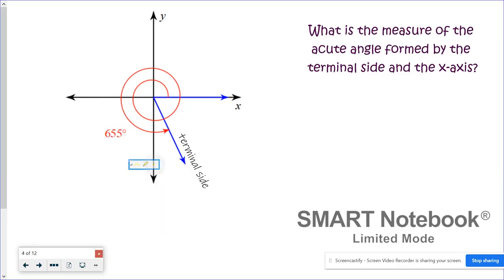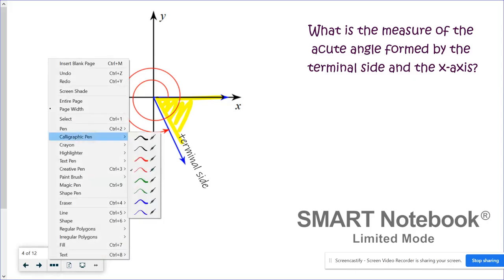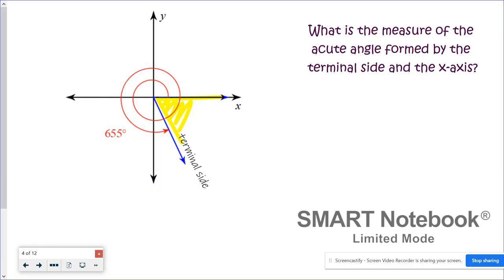So in this one here, we have a 655-degree angle, and I'm still interested in that reference angle, which is the angle formed by the terminal side and the x-axis. I'm interested in that angle right there. So you think 655 is a bit too big? Okay, so we can go coterminal, and we can subtract 360.